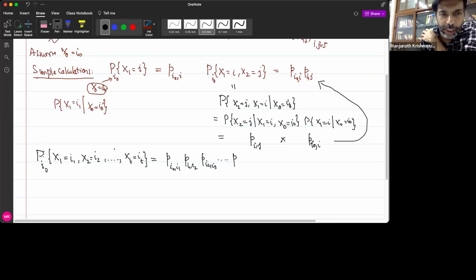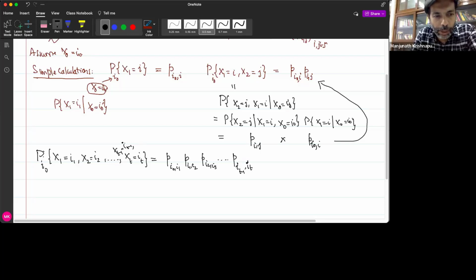X t minus 1 is I sub t minus 1, and it has to make the transition from I t minus 1 to I t. So you will have P sub I t minus 1 comma I sub t. I hope it is distinct enough what I have written. This is how, for any particular trajectory, you can write down the probability.